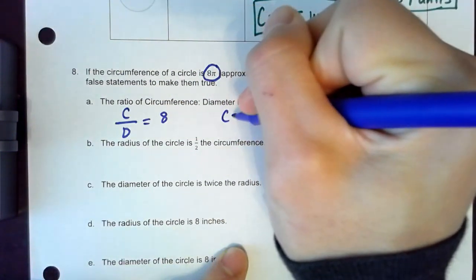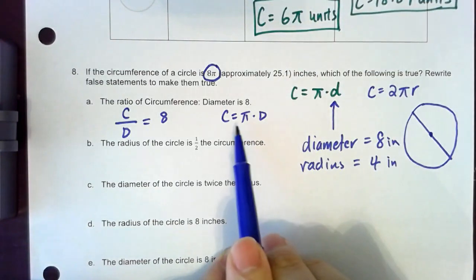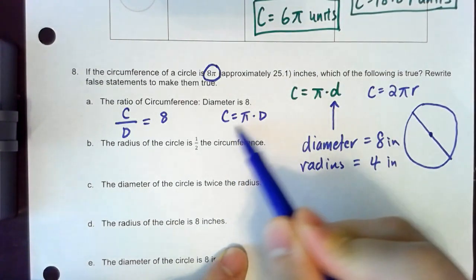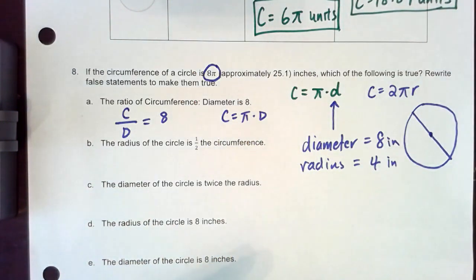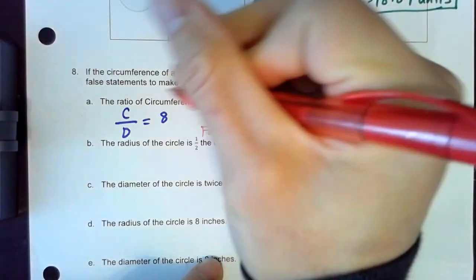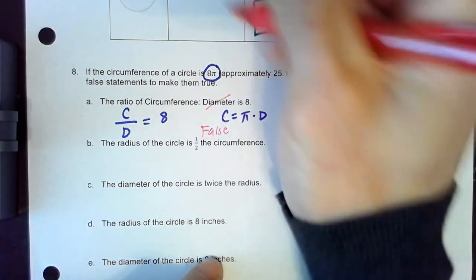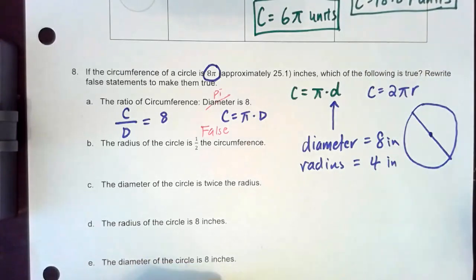Because C is equal to pi times D. So if you divide both sides by pi, you would get the diameter, okay? So this is actually false, although it sounds pretty good. This is false because it's supposed to be the ratio of circumference to pi. That would be 8. That would equal the diameter.